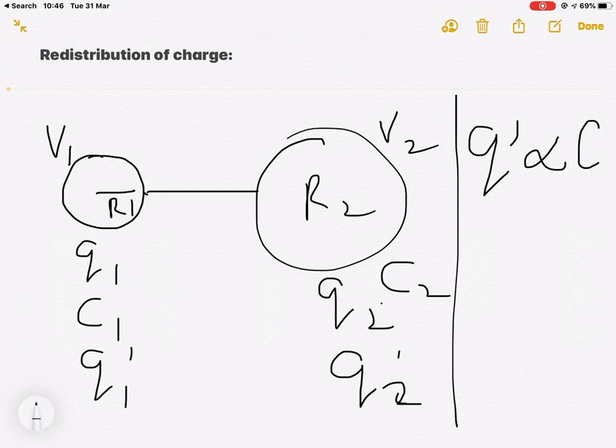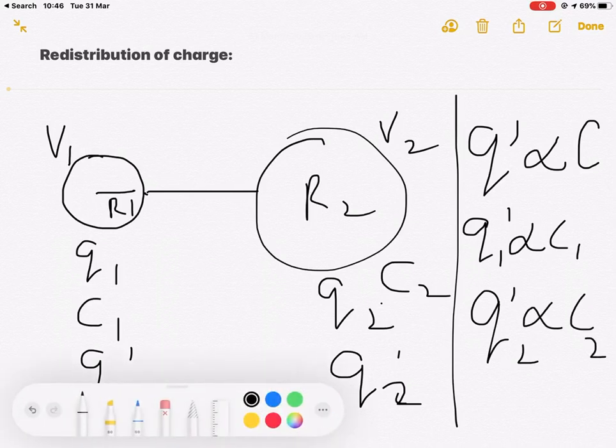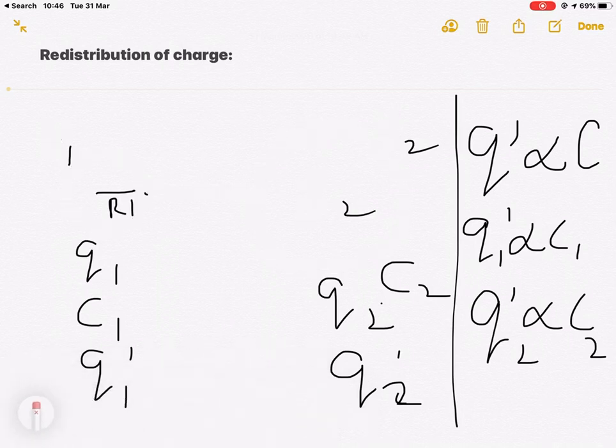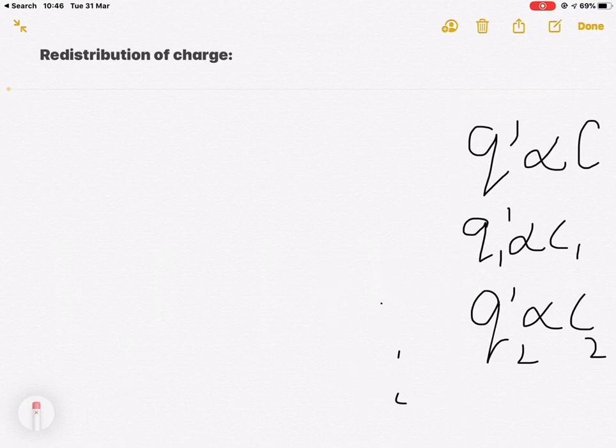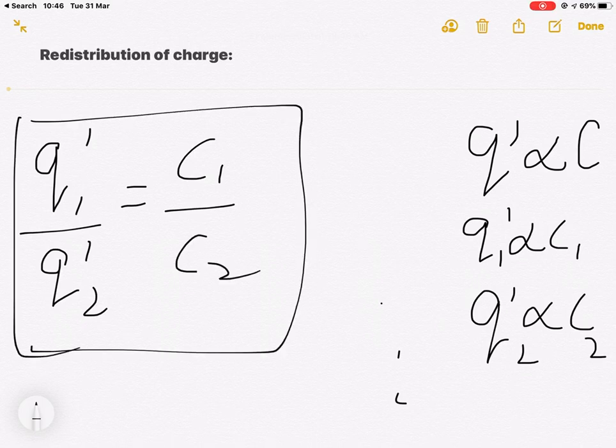So we can easily write Q1 dash is proportional to C1 and Q2 dash is proportional to its capacity C2. So from here we can write Q1 dash over Q2 dash is equal to C1 by C2. So the charge attained by any sphere will be proportional to capacity of that sphere.